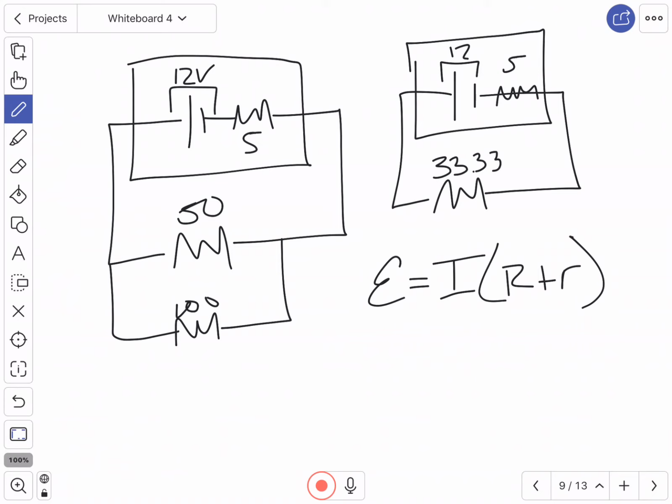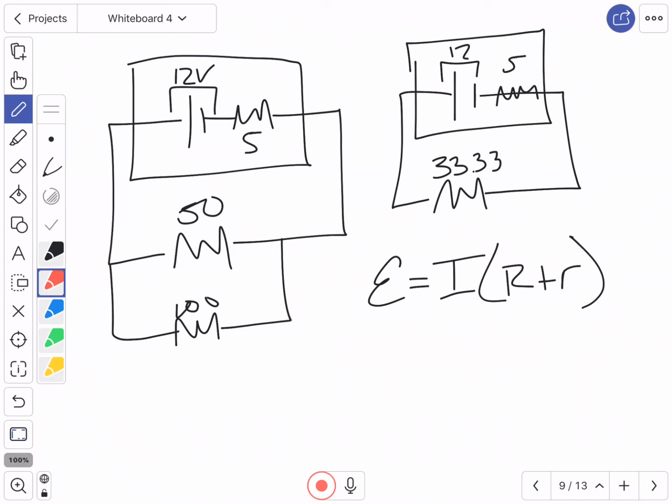This is my total load of the circuit here, plus my internal resistance. From that, I can solve for my current, and kind of use that in going backwards.